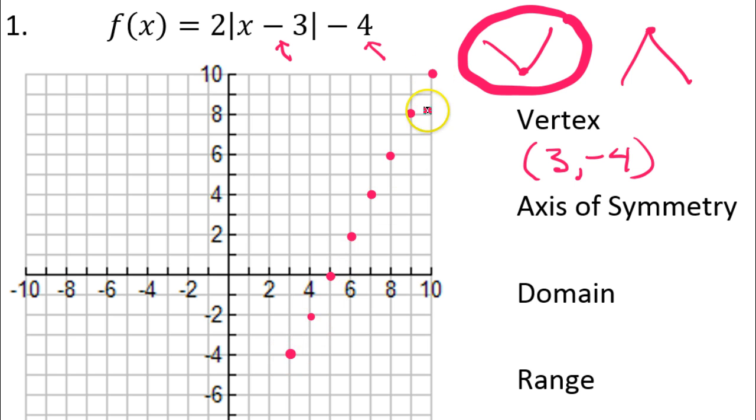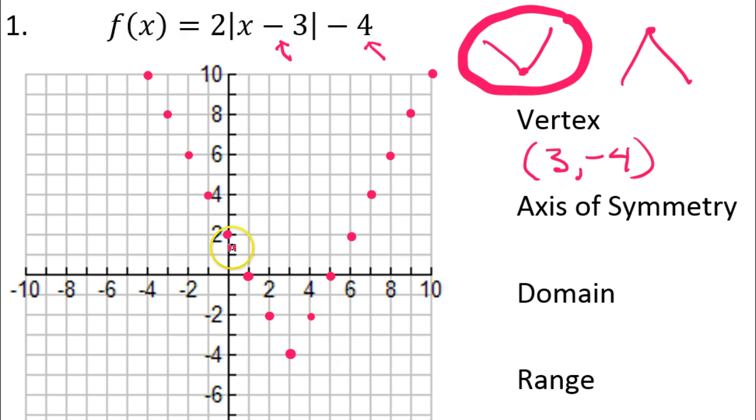That gives me the right-hand side of this V. Now for the left-hand side, I'm just going to do the mirror image. So instead of going up 2 to the right 1, I'll just go up 2 to the left 1 like this. All right, so we've done it.